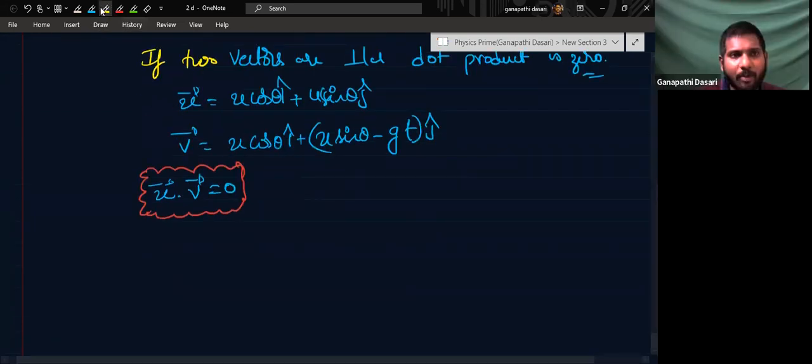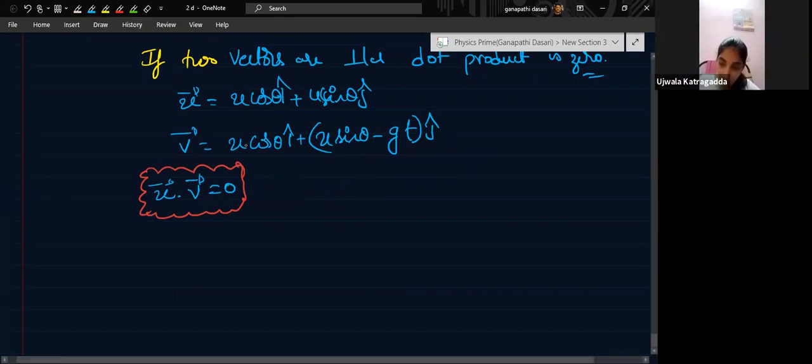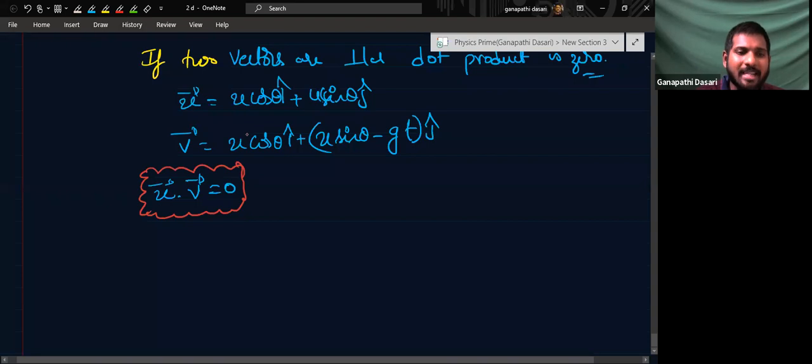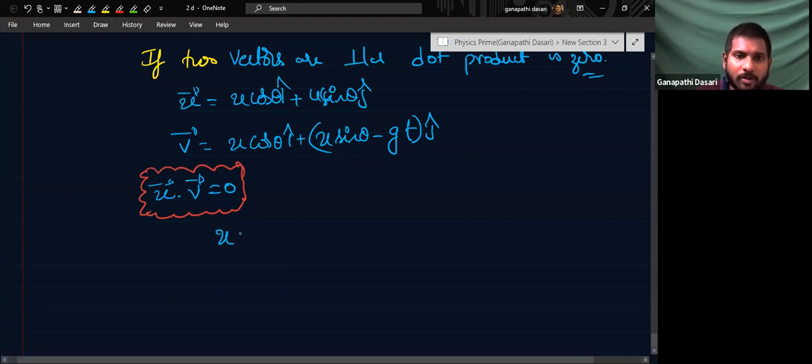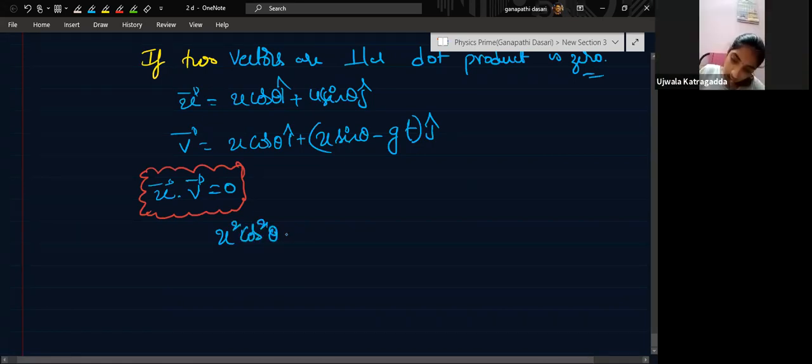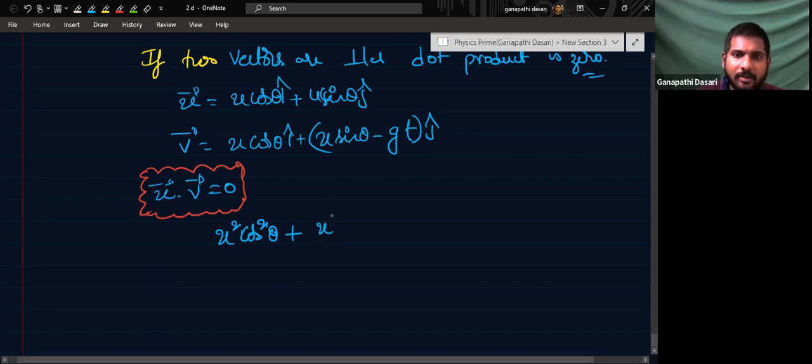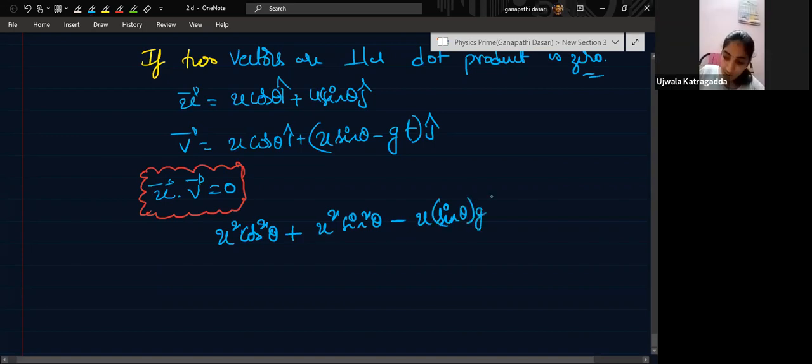When I multiply, I equate to 0: Ux Vx plus Uy Vy. The answer is u square cos square theta plus u square sin square theta minus u sin theta into g t.